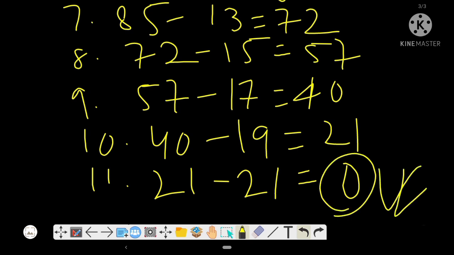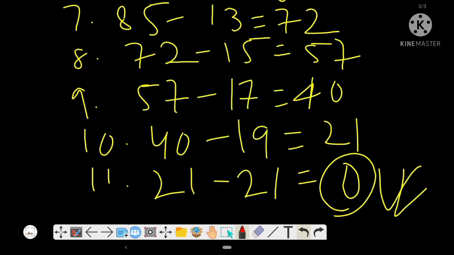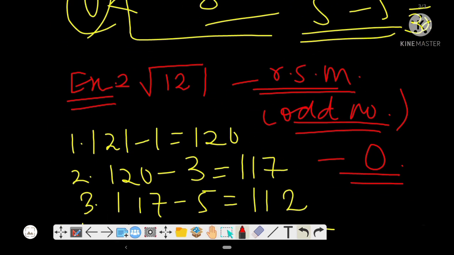I have marked it for your ease so that you can see the number of steps. So in the 11th step I get 0. So 11 is the square root of 121, because in the 11th step we get 0. So the answer will be 11. This is the square root of 121. Did you all notice how I did this?